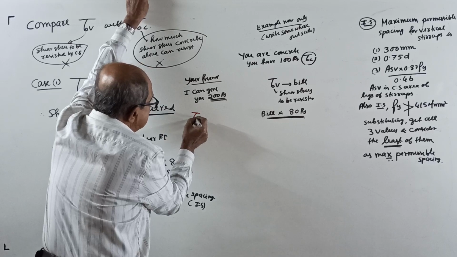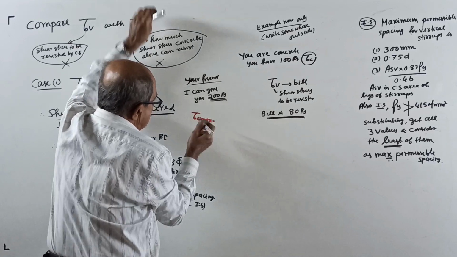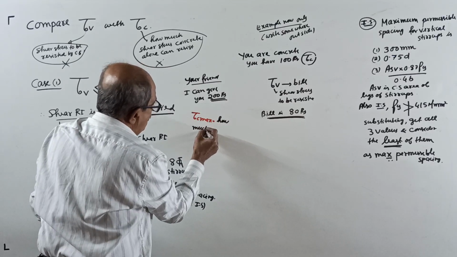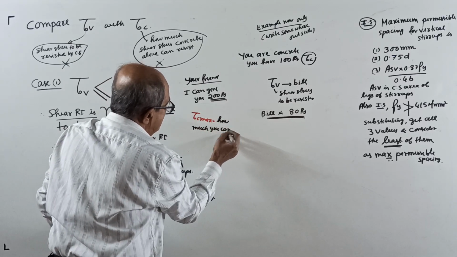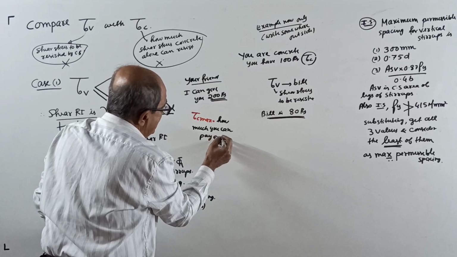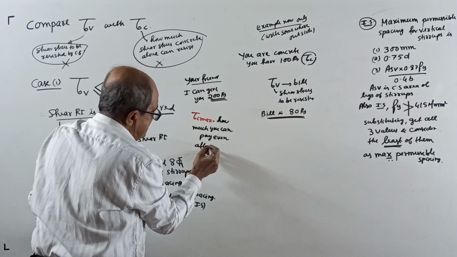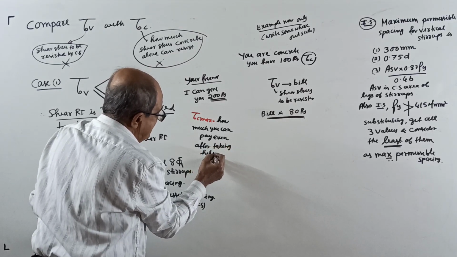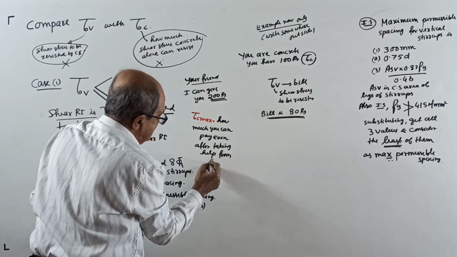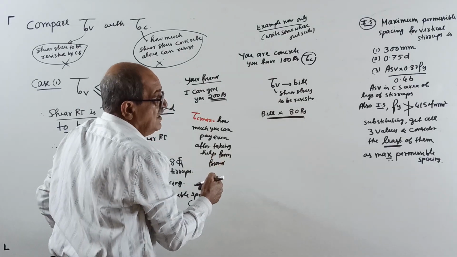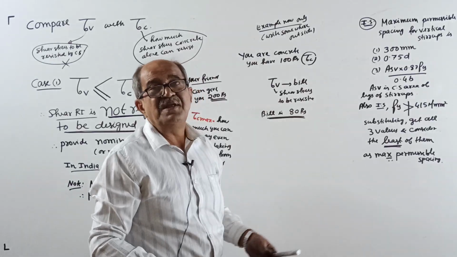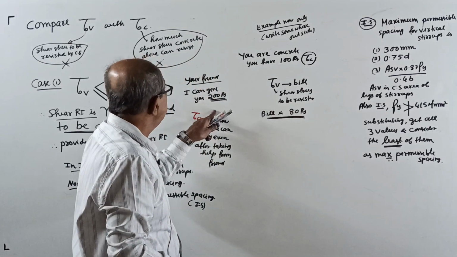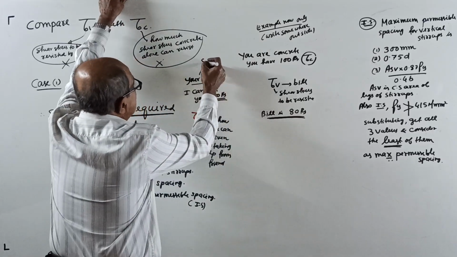Therefore, tau C maximum is how much you can pay even after taking help from friend. That is how much shear stress can be resisted even after providing shear reinforcement. So your friend is shear reinforcement.